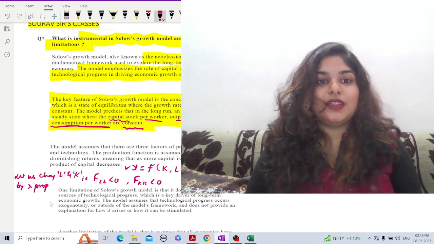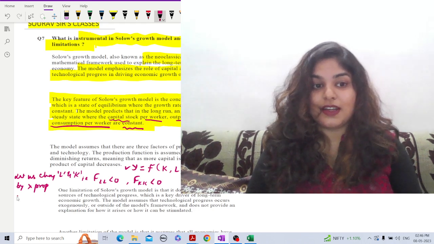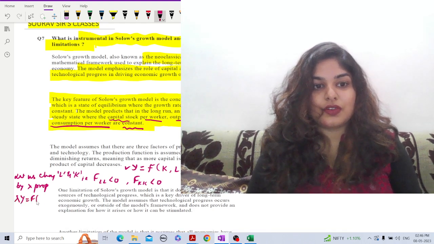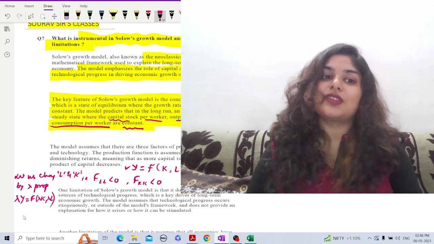After changing it by lambda proportion, what do we get? Since this exhibits CRS, it should be lambda Y equals function of lambda K comma lambda L. So this is your constant returns to scale.